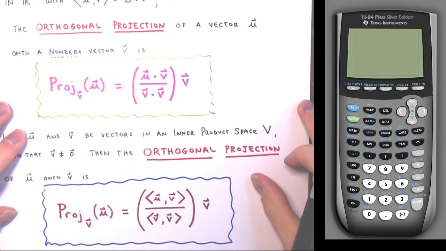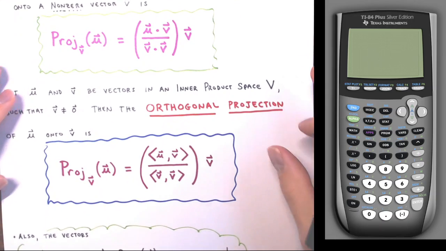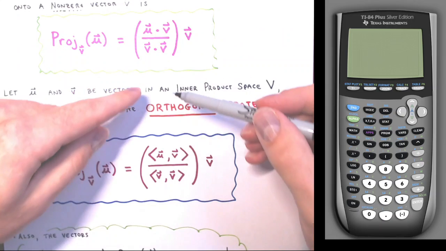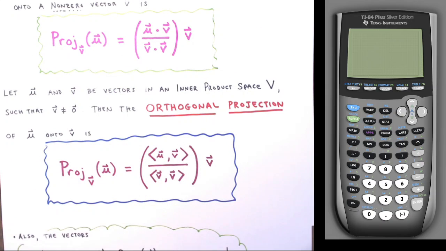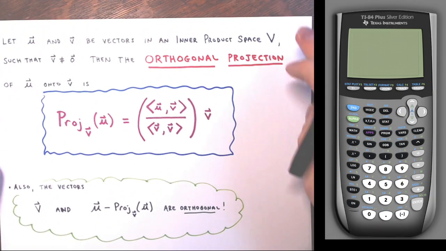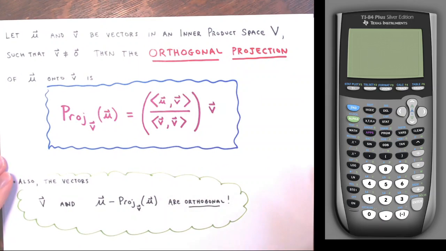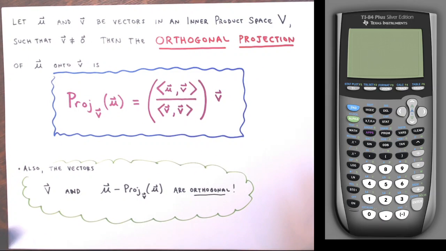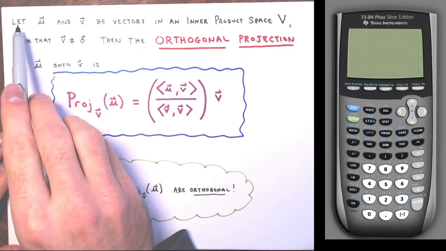See, the formula is the same. I'm just replacing dot product with inner product, because remember the inner product on a space is not always the dot product. So a more general definition of orthogonal projection, and believe me, I will write this formula up for each example we come across in this video.